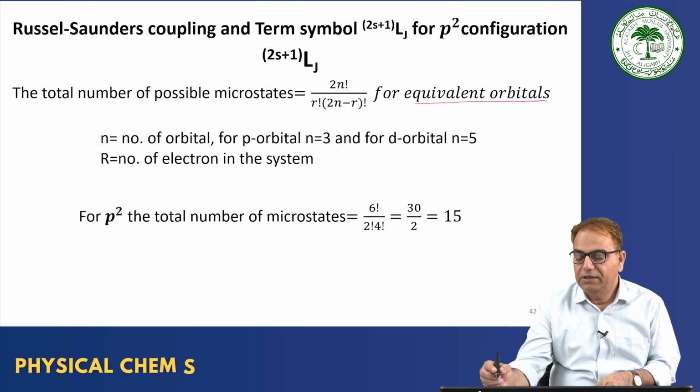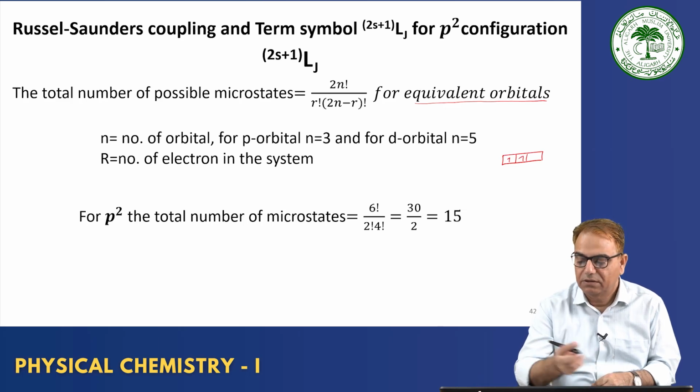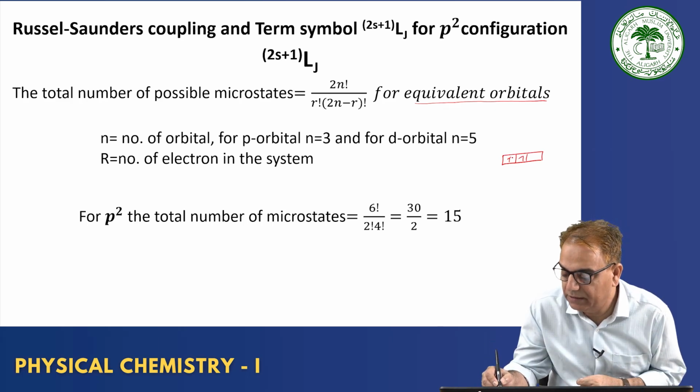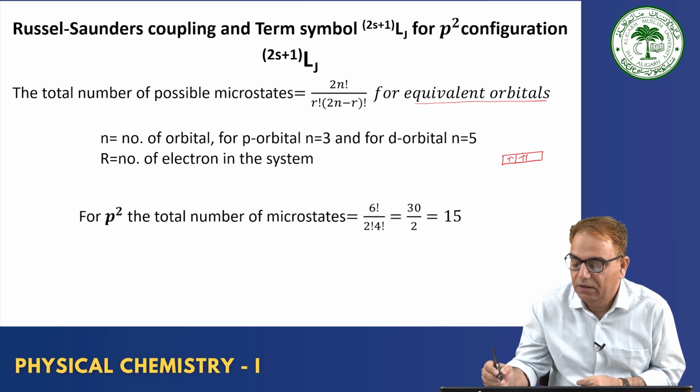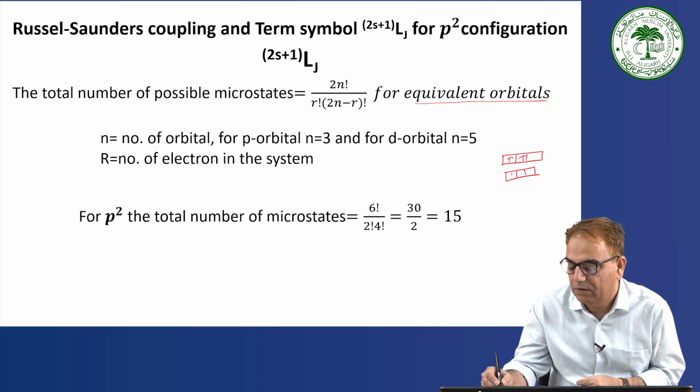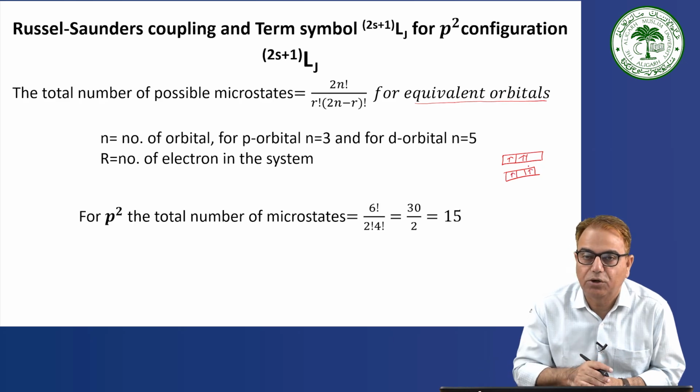Equivalent orbital means, if you are talking about the P2 configuration, both electrons are in the same p subshell, like this one. One configuration is this one. You can change it, or another configuration you can write for P2 is like this one. Nobody stops you from writing this.